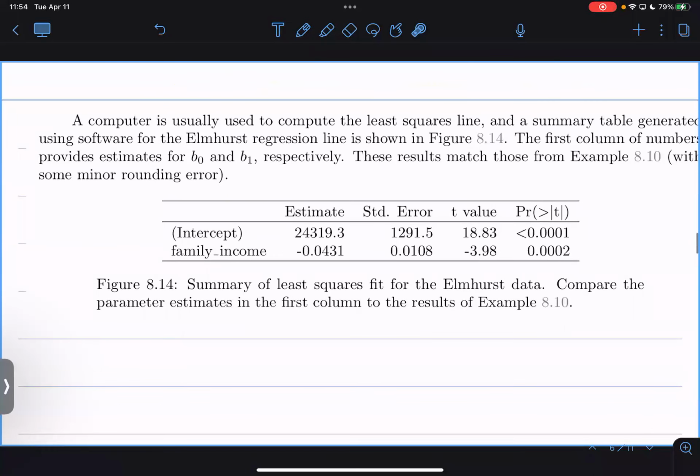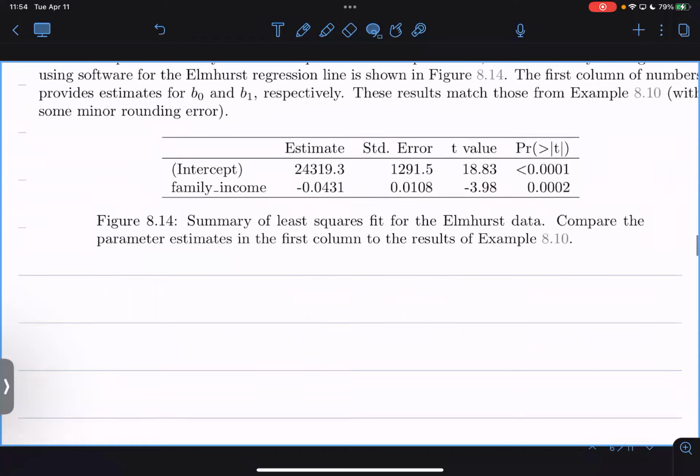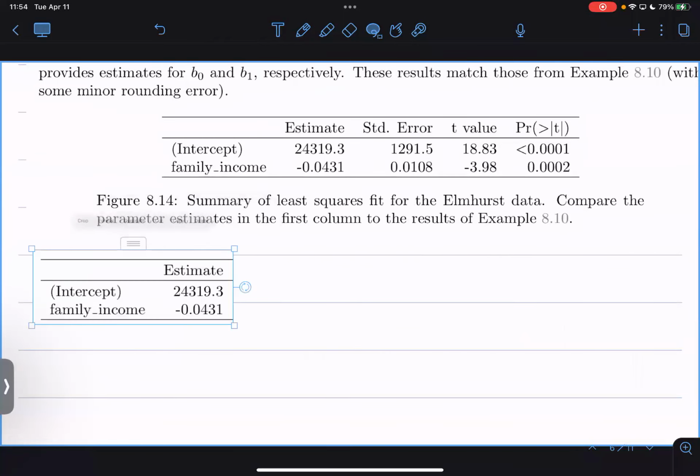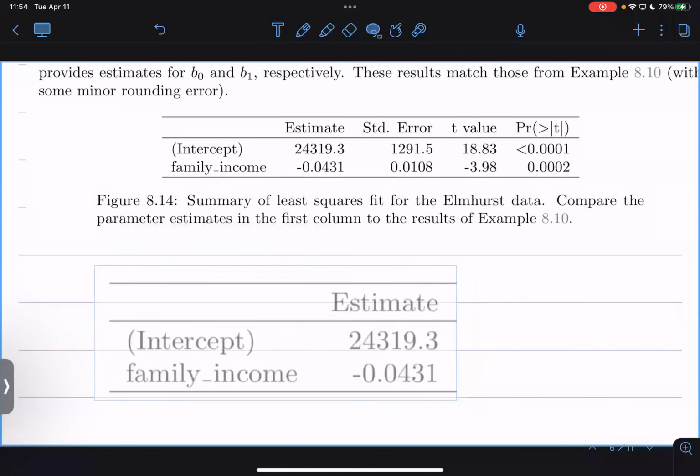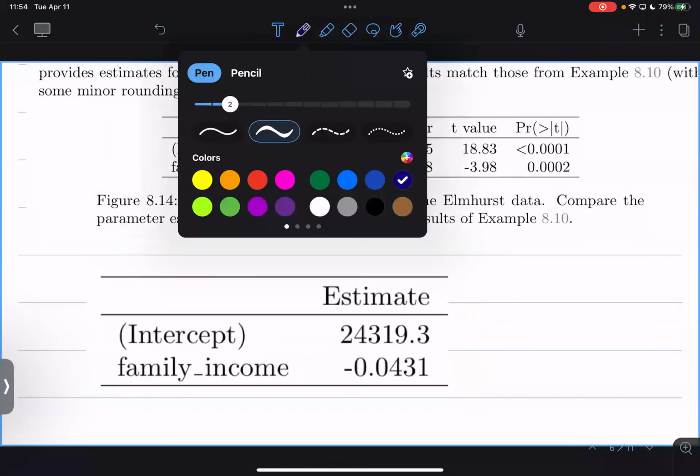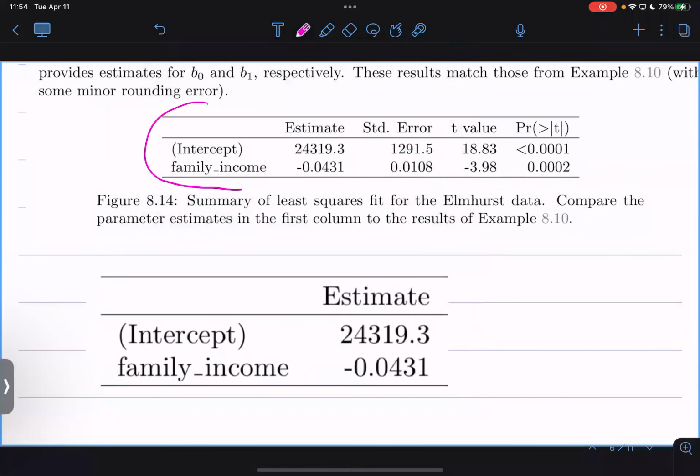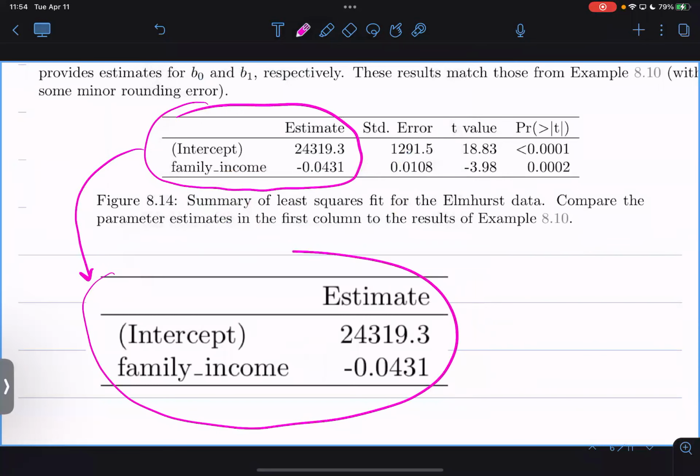But let's just talk about the makeup of this table, especially these first two columns and two rows. Okay, so here, I'll do it kind of like the maps, where it's like, here's this thing blown up. It's the same stuff, okay? But what we have is the estimate.